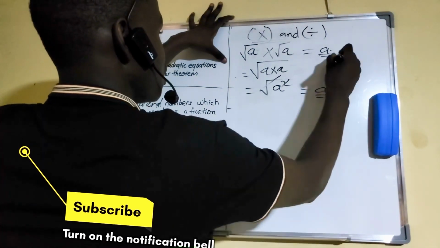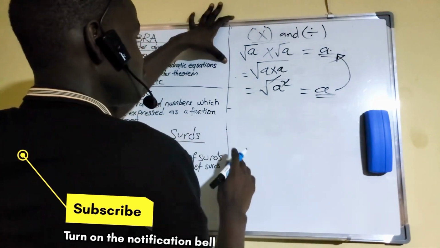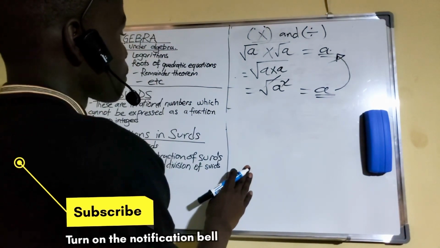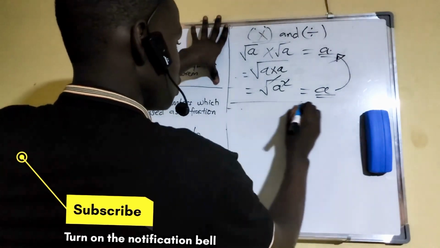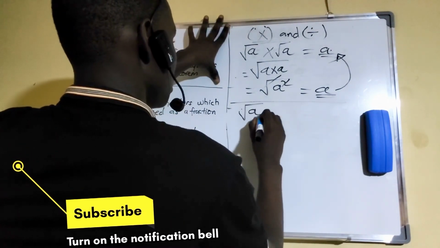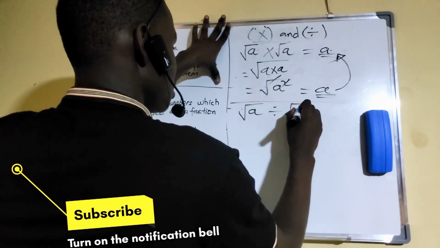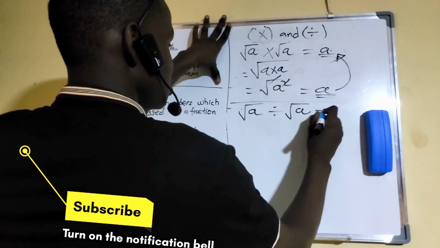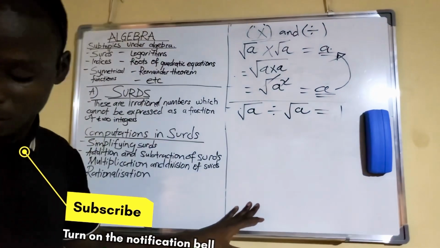Now this is where this a comes from. Now that is multiplication. Still, for division we shall have root a divided by root a. This should give us a 1 from basic mathematics.